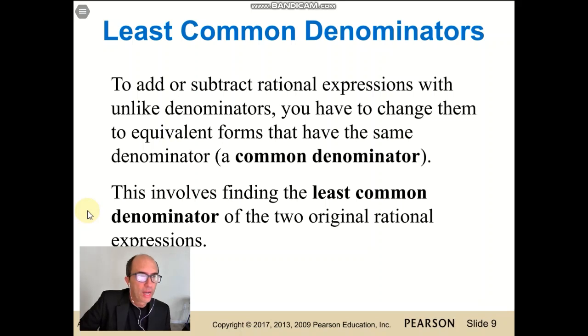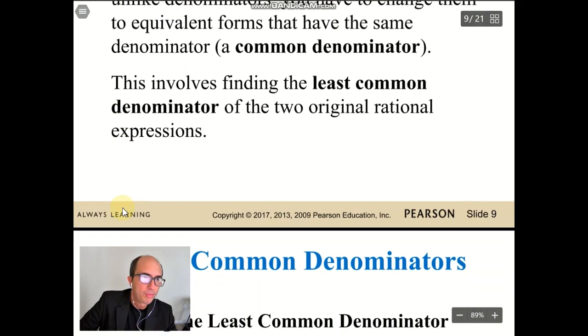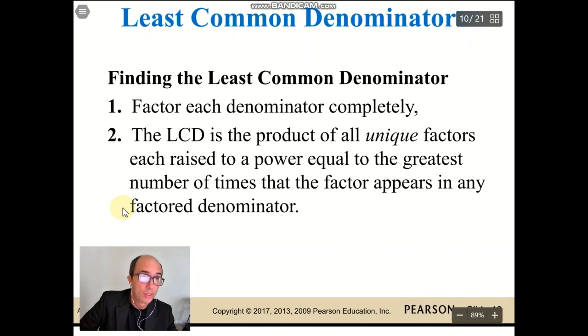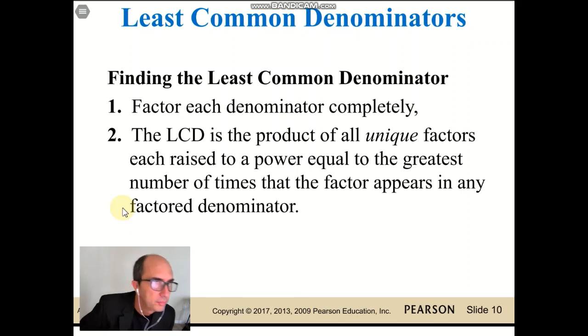This involves finding the least common denominator of the two original rational expressions. So now we will work to find the least common denominator, and later we will work with addition and subtraction of rational expressions with different denominators.